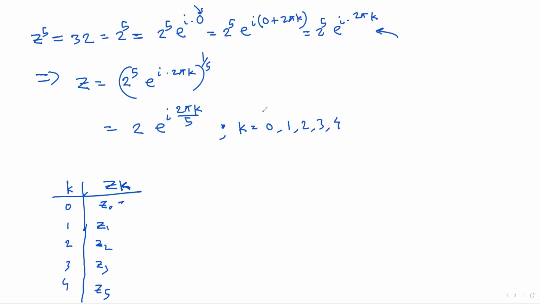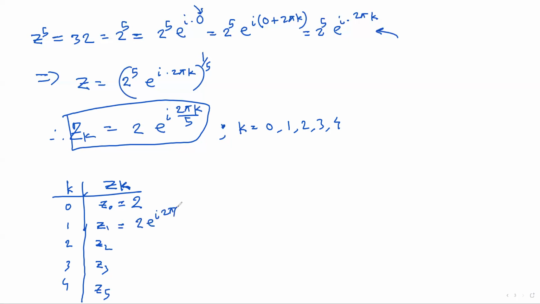If you put k equals 0 in the expression for zk we are using, it just gives 2, the real number value. Real numbers are also special cases of complex numbers. And z1 is 2e to the power i 2 pi by 5, which you can express in a plus ib form as well. This is going to be 2 cos 2 pi by 5 plus i into 2 sine 2 pi by 5.